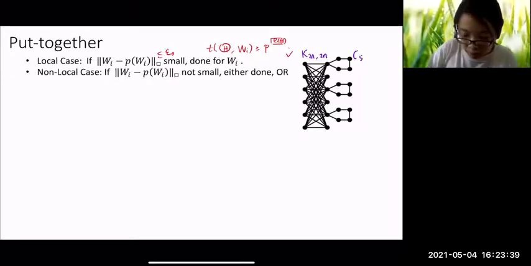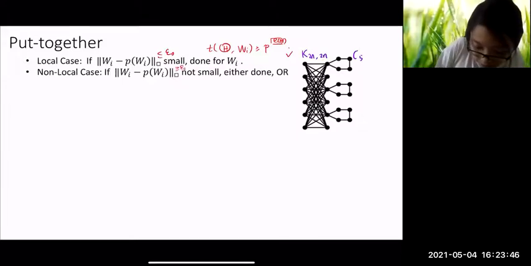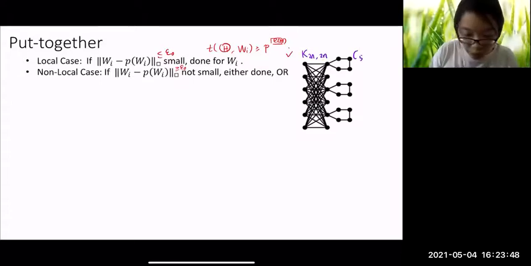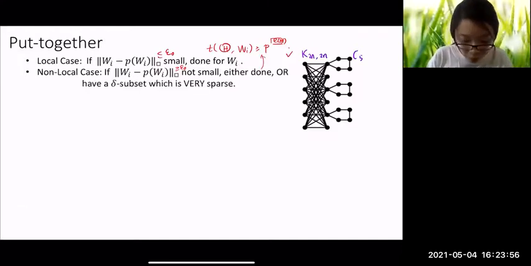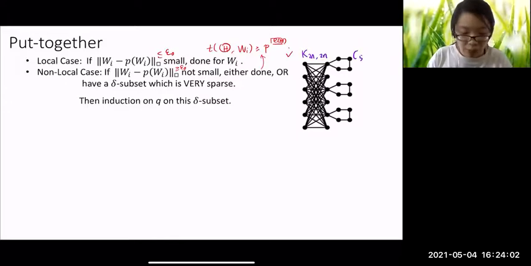And if we are in the non-local case, basically the cut norm is at least epsilon 0, then either we are done by the previous claim we just proved. When we say done, we mean the density of H is good, or we can find a delta subset that is very sparse. Then we do induction on Q on this delta subset.